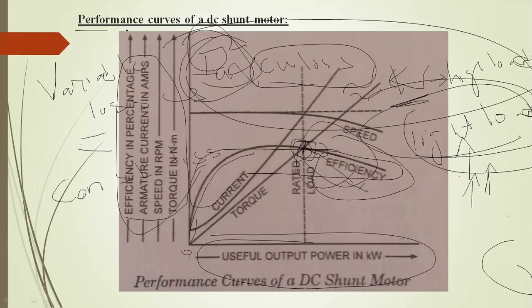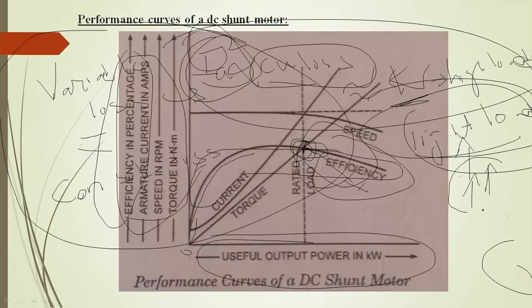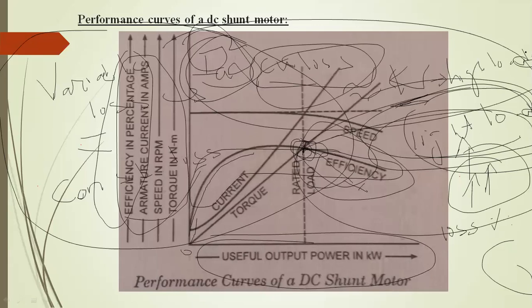This is the main point you have to remember while considering the efficiency characteristics, which were drawn between the output power and the efficiency. This is the efficiency in percentage. The loss percentage is very high at light loads, and the constant losses are small at high loads.